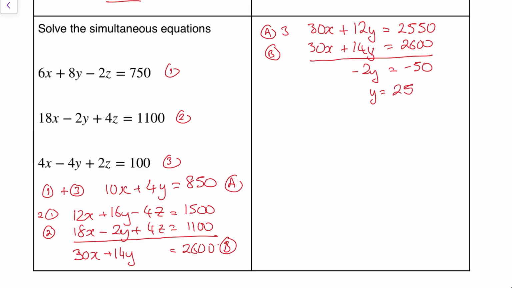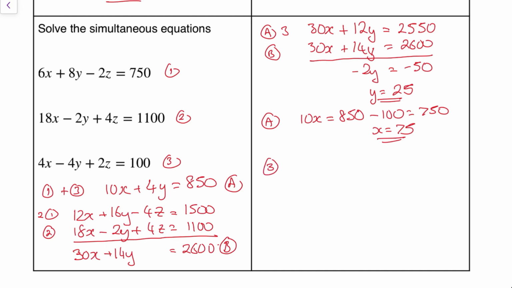And let's put that back into equation A, the original one. So 10x, which I don't know what x is, equals 850 minus 4 times 25, which is 100, which is 750. Which means that x, well, at least similar sort of numbers, right? They're all 25. So x is equal to 75. And then all of that's back into, let's do equation 3.